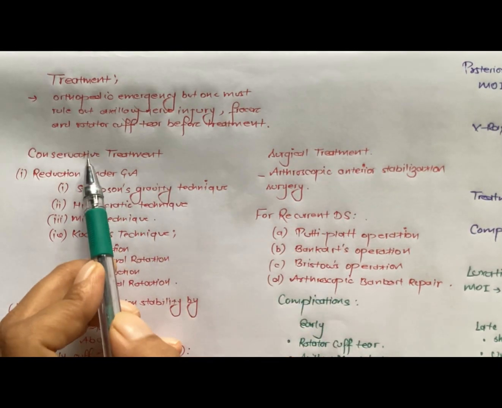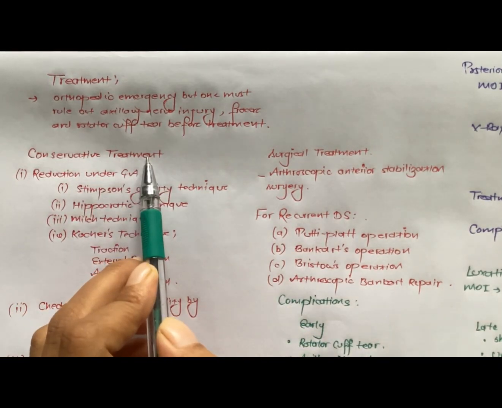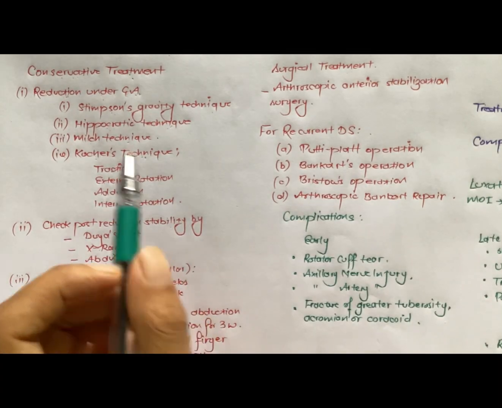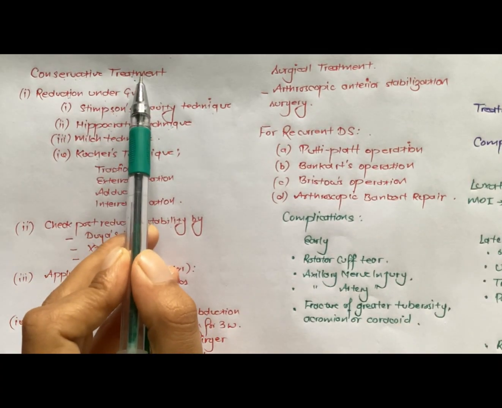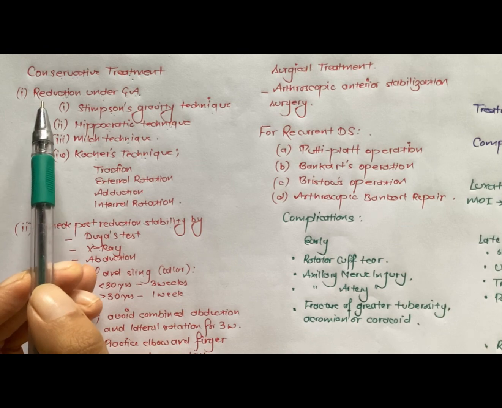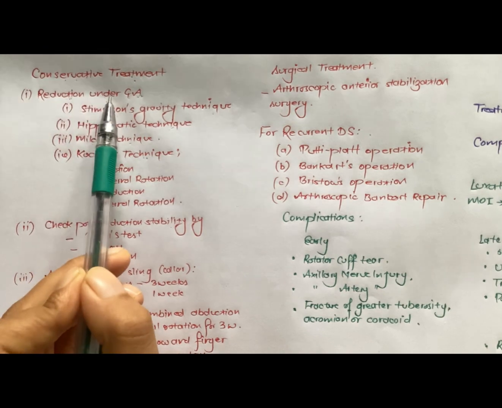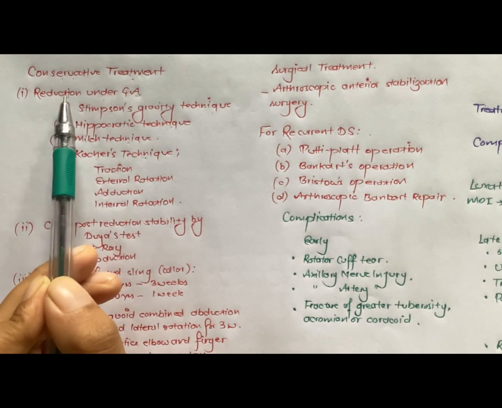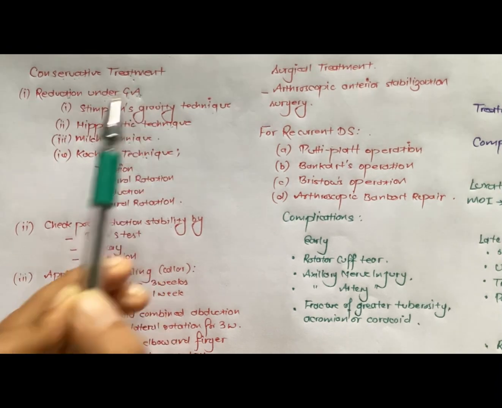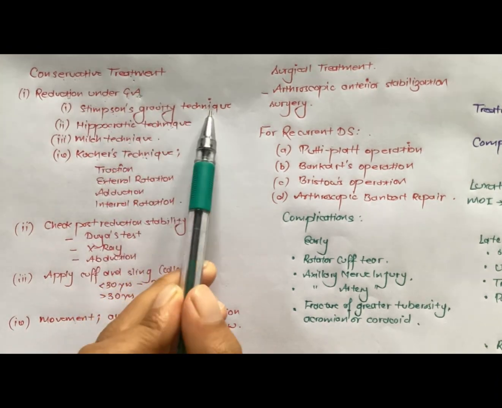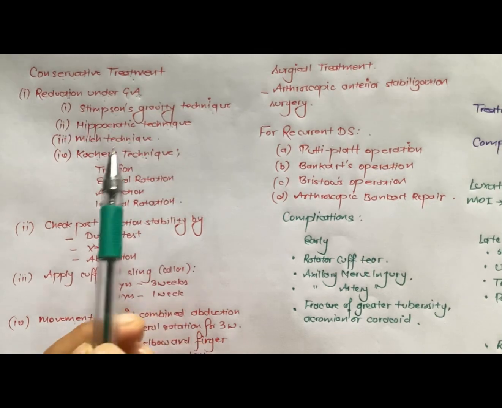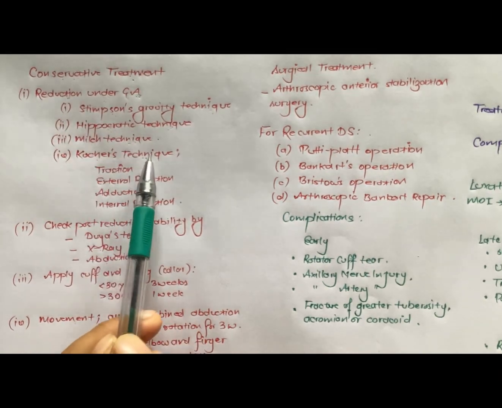First of all, we will go for conservative treatment. Under conservative management, first of all we have to do the reduction under general anesthesia, which can be achieved by Stimson's gravity technique, Hippocratic technique, Milk technique, and Kocher's technique.